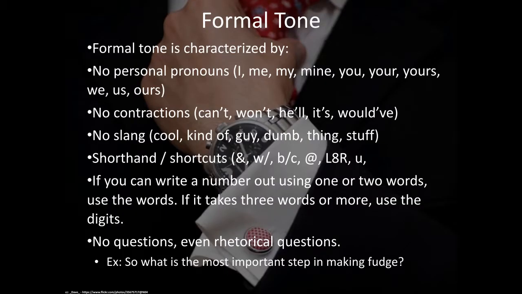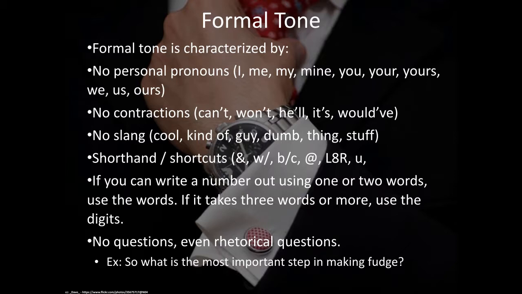So a quick overview is that the formal tone doesn't use personal pronouns. We don't talk about ourselves. We don't talk about the other person. We don't use contractions. Those are shortcuts for speaking. We don't use slang and casual conversational language. We don't use text message shortcuts.